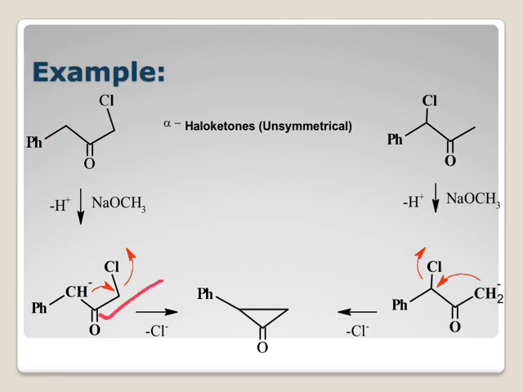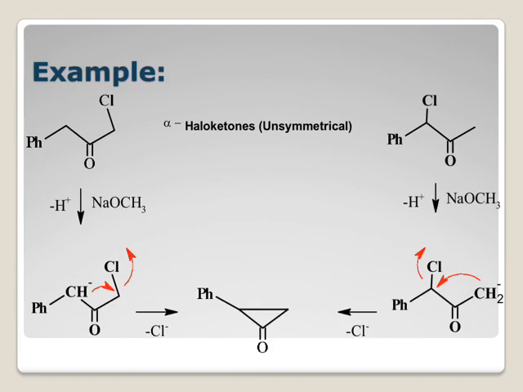And when we have this molecule, the proton will be abstracted from this carbon atom. The simple way to remember is that the proton is abstracted from the carbon where the halogen is not present. There are two alpha carbon atoms, and from the one which doesn't have a halogen, the alpha hydrogen is abstracted.